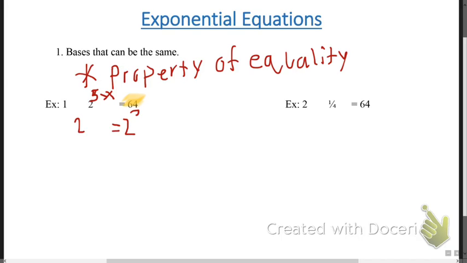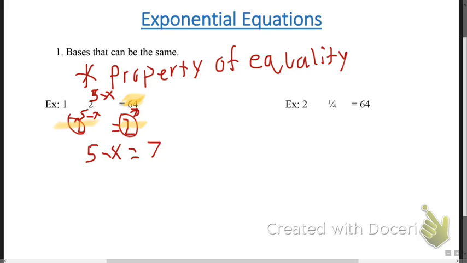Now, we have 2 to the 5 minus x is equivalent to 2 to the 7. Since our bases are the same, we can technically cross them out. So then we get 5 minus x equals 7.